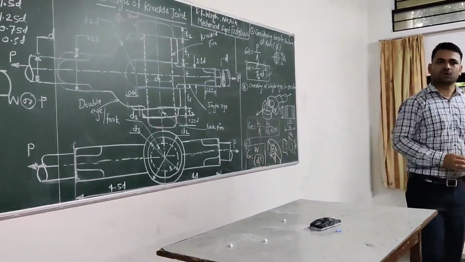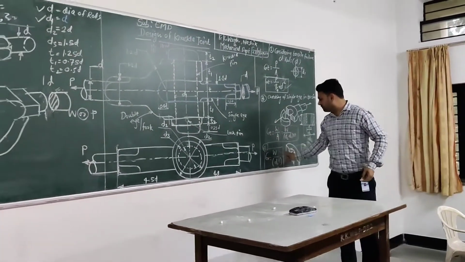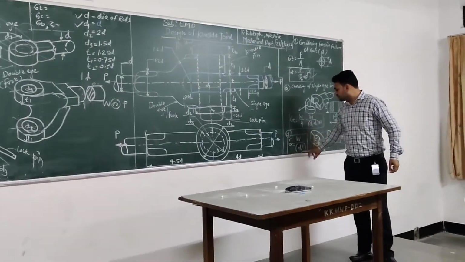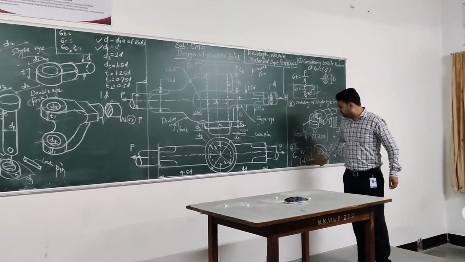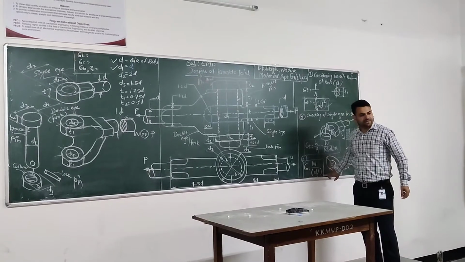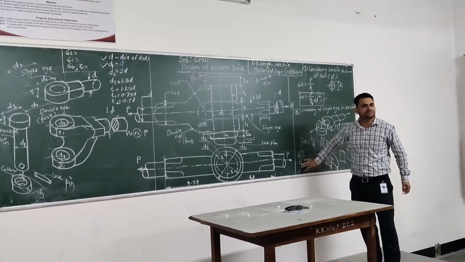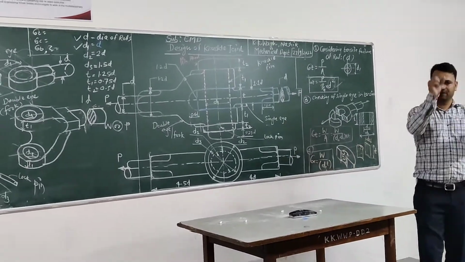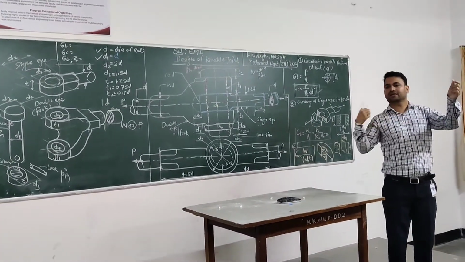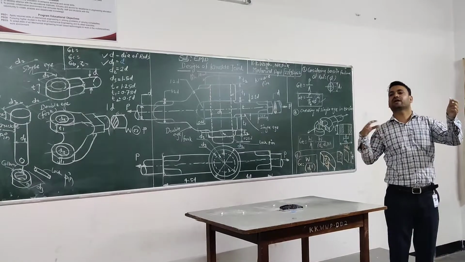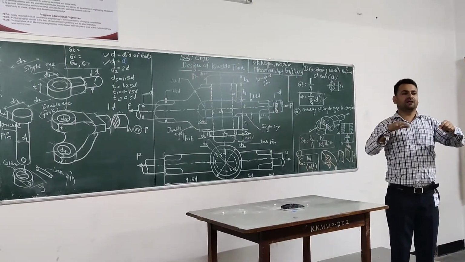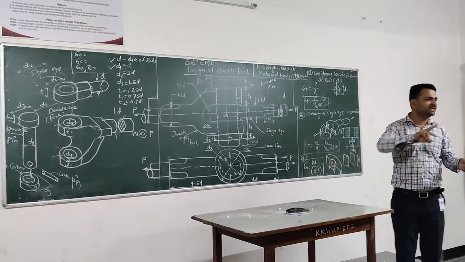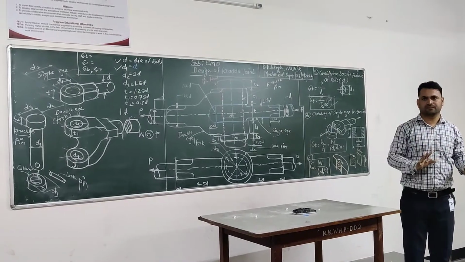By using all the values of W, d1 and t, we get the value of sigma c. Again we have the given value of sigma c and the calculated value of sigma c. The calculated value should be less than the given value, then the design will be a safe, perfect design.